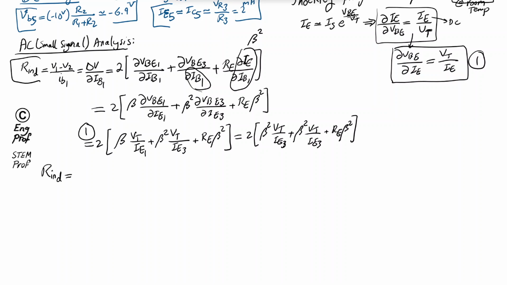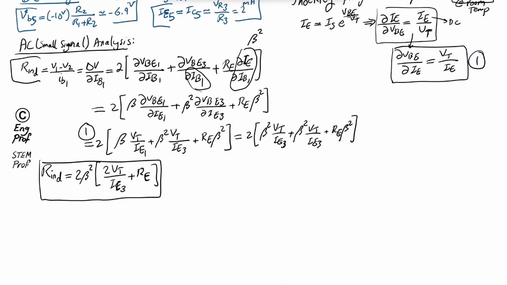So Rid is equal to a simplified version of this, which is 2 times, and again 2 times, and I can factor out beta squared from everybody. So let's put it outside: 2 times beta squared times 2 times Vt divided by IE DC of transistor 3 plus RE. That's it. We found the formula.